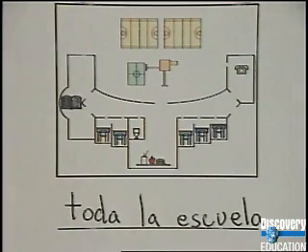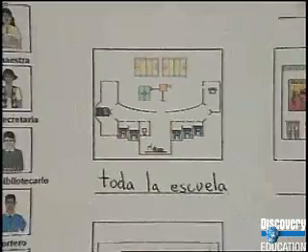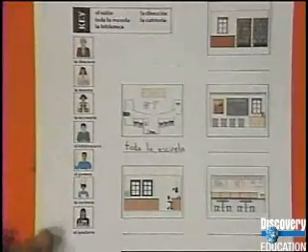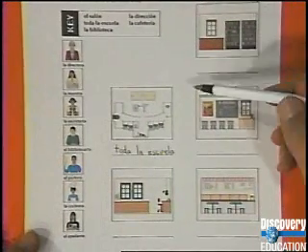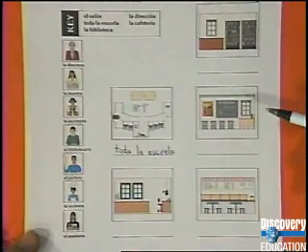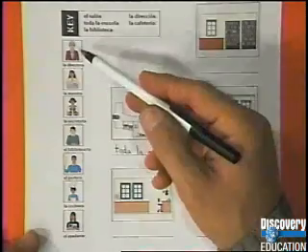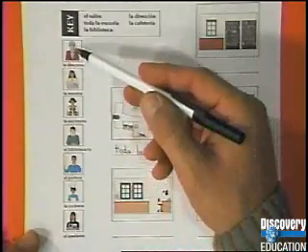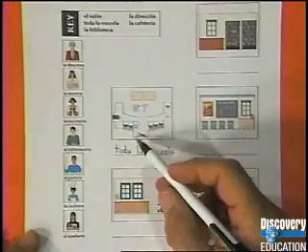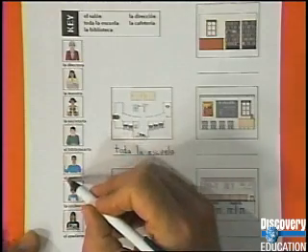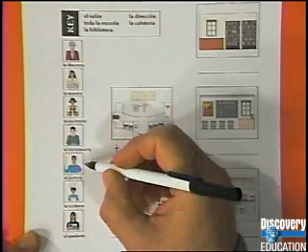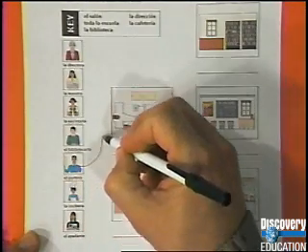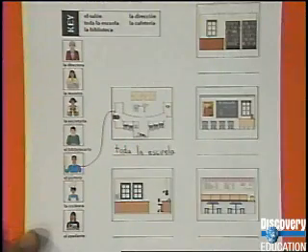Now, I'm going to go back a little bit. The second part, after you write all of the different places in the school, it says to draw a line from the person to the part of the school in which he or she works. Toda la escuela. I happen to know that el portero trabaja en toda la escuela, so I'm just going to draw a line like that.